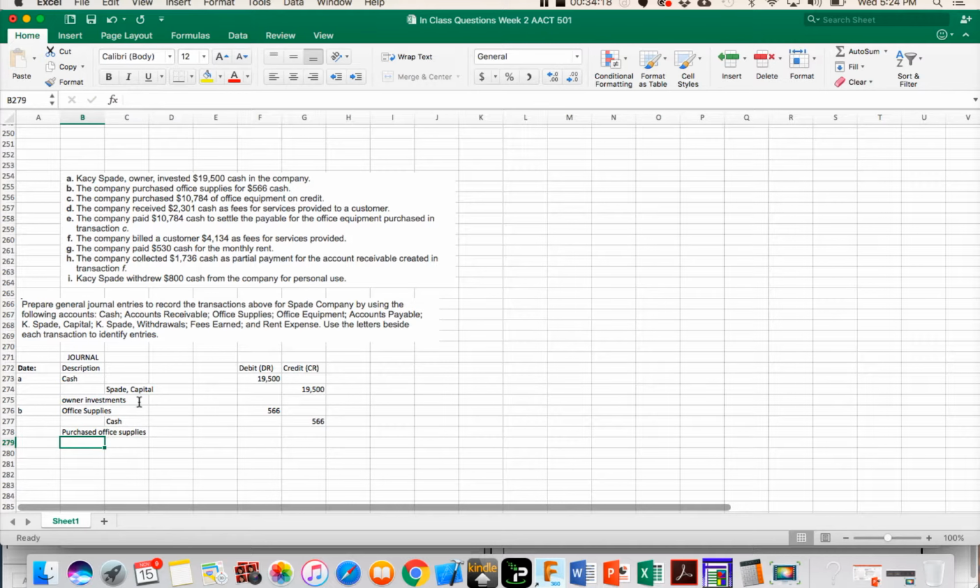Okay, next we've got C, office equipment purchased on credit. Credit tells us this is going to be an accounts payable. Usually it would specifically say if it's going to be a notes payable.